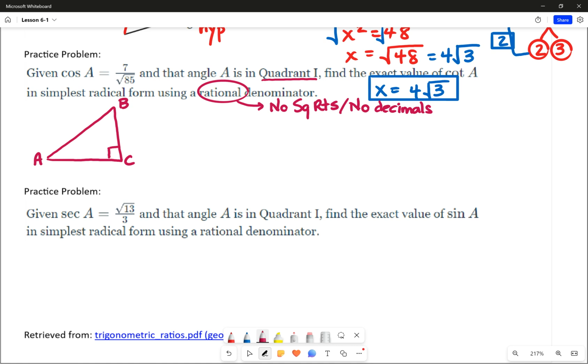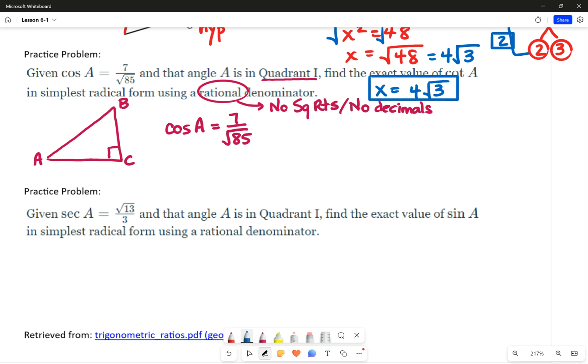Now, they are telling me that the cosine of angle A is 7 over the square root of 85. Now, if you look at your notes, cosine is the adjacent over the hypotenuse, okay? The adjacent over the hypotenuse.